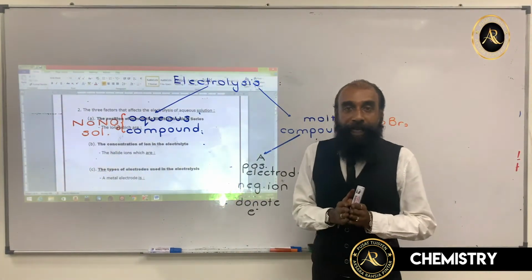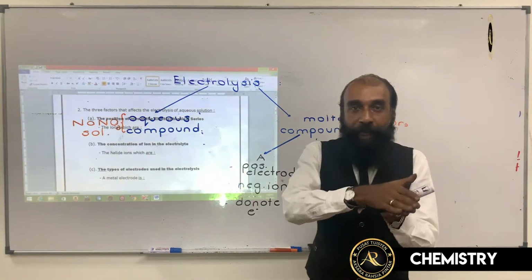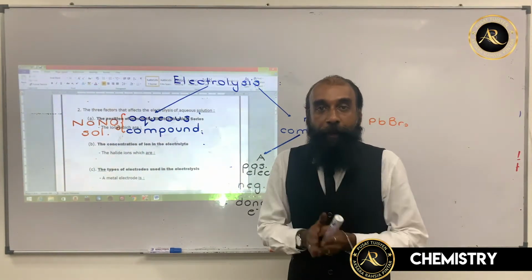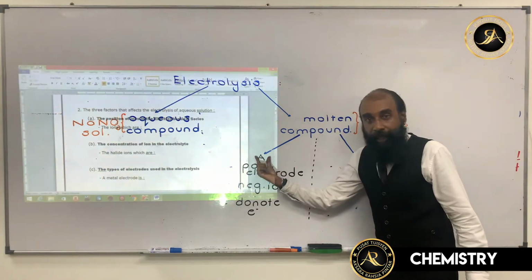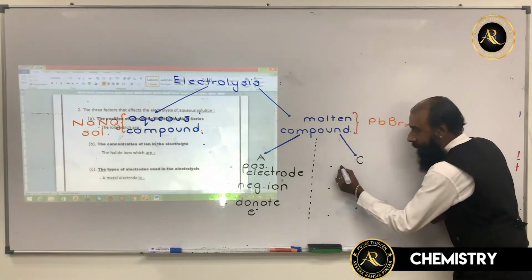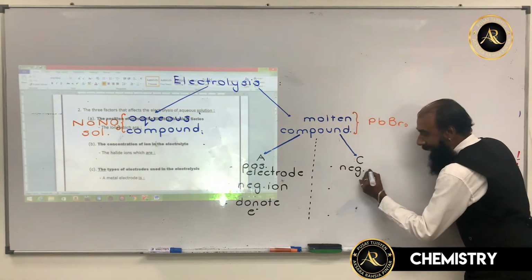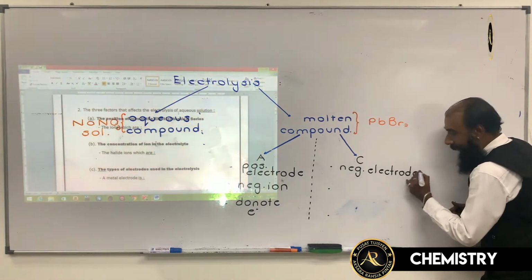It's called the technique Batman versus Superman. When you remember one side, you can remember the other by applying the opposite. Okay, now we're going to see the technique here. Anode is positive electrode, cathode is negative electrode.